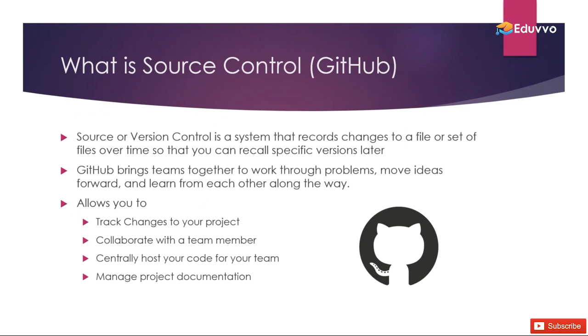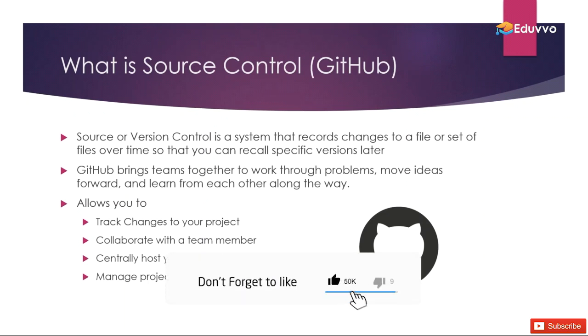We can also manage project documentation centrally. At the end of the day, GitHub is probably the most popular and also free source control tool that is on the internet, and it's widely accessible, widely available to everybody, and once again, it's free of charge.